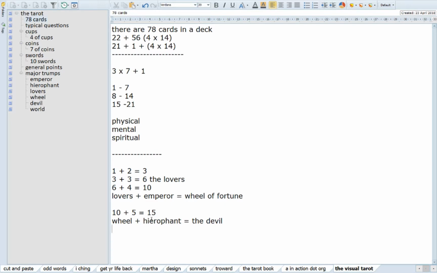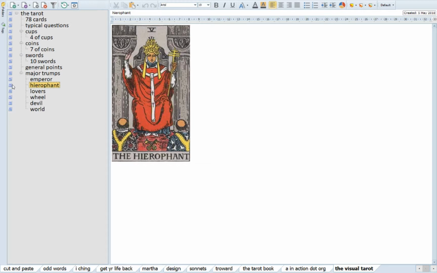who can represent conventional religion, if we got to the Hierophant card here, there it is. The Hierophant is ideally the person who teaches you how to live well or how to live better.